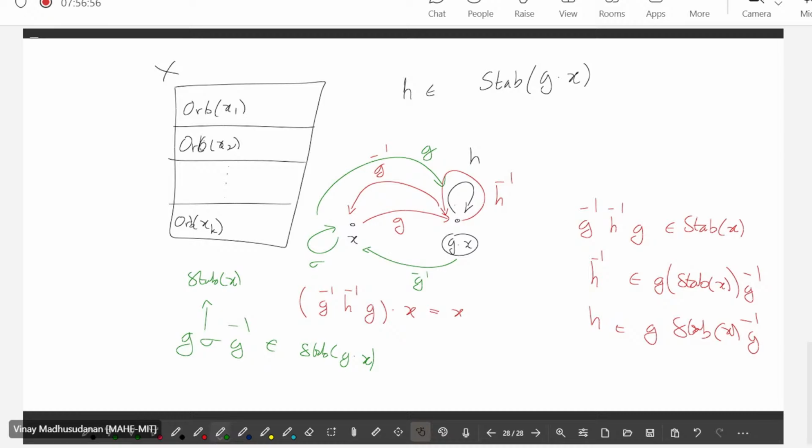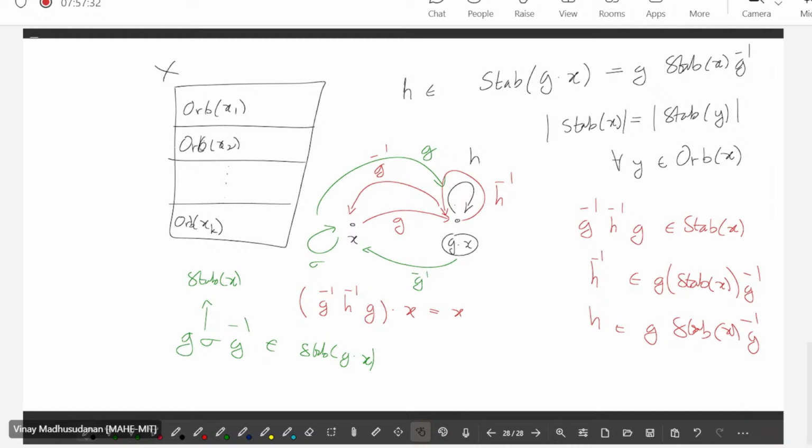So in fact, this is equal to, that proves that the cardinality of the stabilizer of x is equal to the cardinality of the stabilizer of y for all y in the orbit of x, because g·x means some element of the orbit.